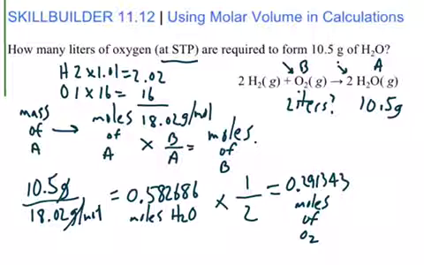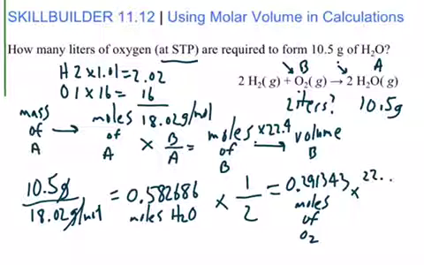And then here's our last step. To go from moles to volume, all we got to do is multiply by 22.4. That's the conversion. We're going to find the volume of B. When you set it up, it looks something like this. There's 22.4 liters for every 1 mole. Okay, that'll allow you to cancel units.